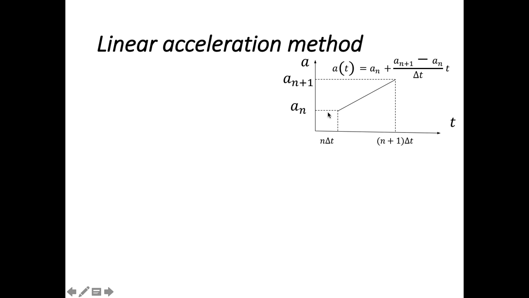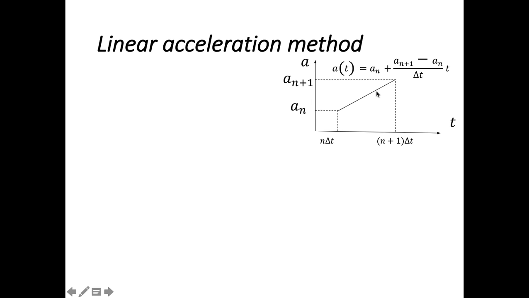So the gradient of this solid line will be an plus 1 minus an divided by delta t. We consider that from an to an plus 1, the acceleration changes linearly from here to here.